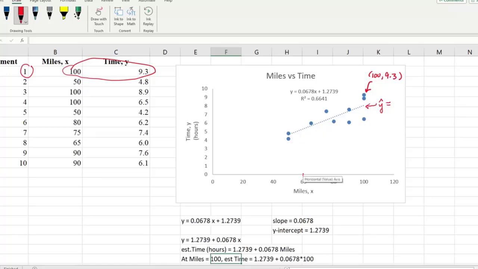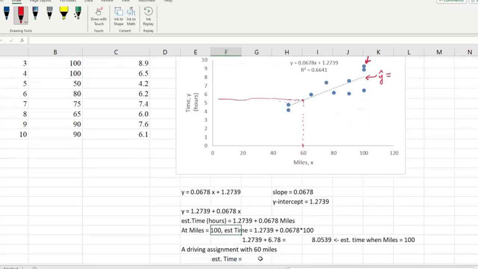This is over here, when x is equal to 60. And what I'm trying to do is find the corresponding y value on this line. If I go like this, what y value does it hit over here? Okay, so we could get that value by using this equation.